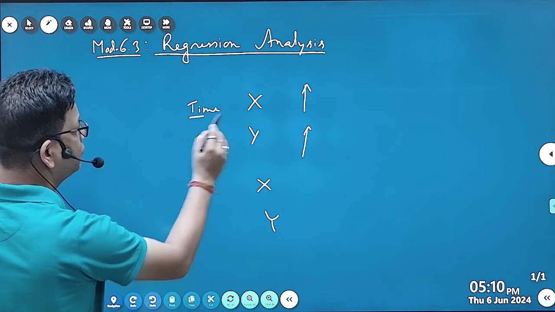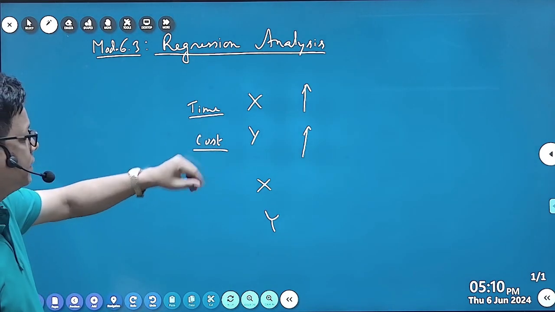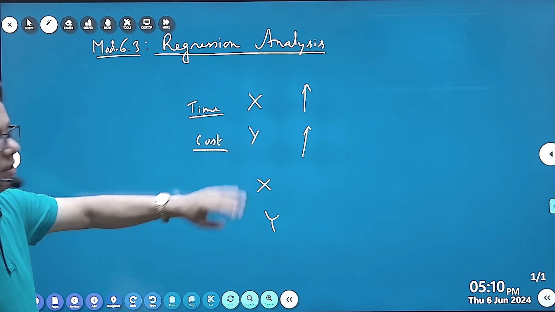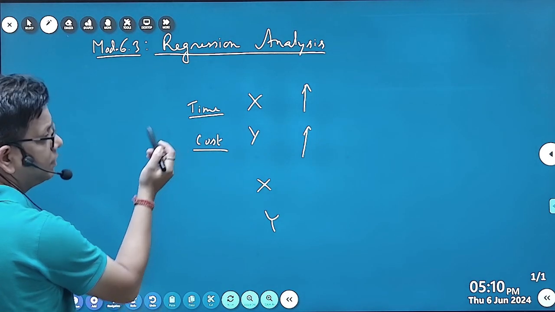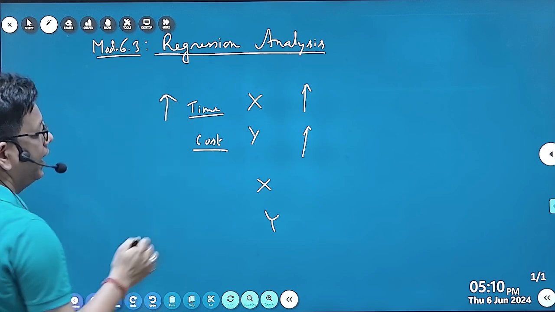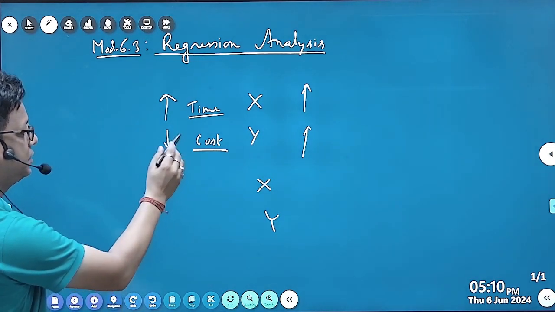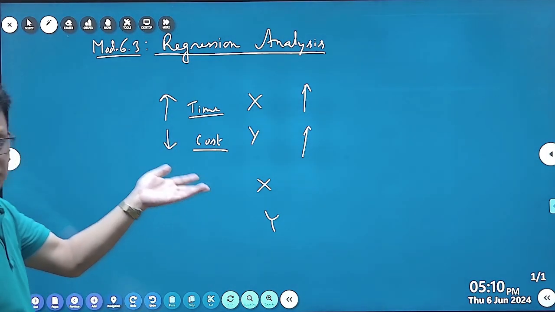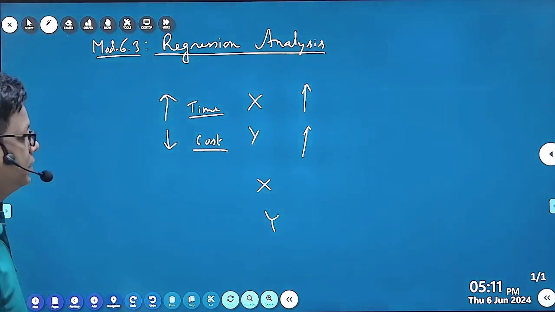When we have to compare two quantities, in some situations the cost also decreases. For example, you have kept some amount in the share market, and from the moment you kept it, it is decreasing. Yes or no? So it's not that as time increases the cost always increases. It can also go downwards.